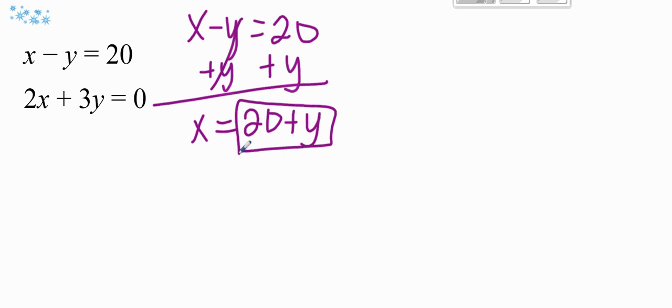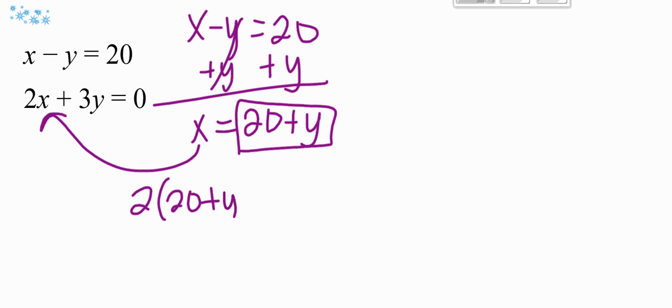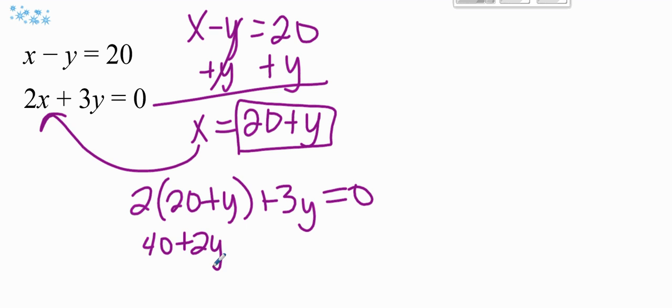So I'm going to plug all this in to that x. So I have 2 times 20 plus y, plus 3y equals 0. So 40 plus 2y plus 3y equals 0. Combine like terms.